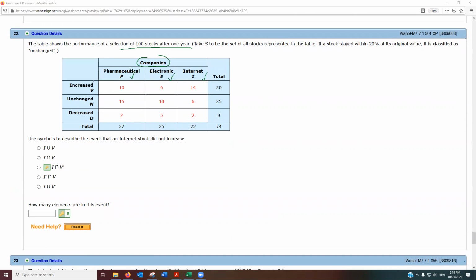So there are some stocks that increased, some unchanged, some decreased. All right, how about an internet stock that did not increase? Well, that really means they would have to be an internet stock and, remember, the word and is intersection, they did not increase. Well, increase is V, so not increasing would be V prime.